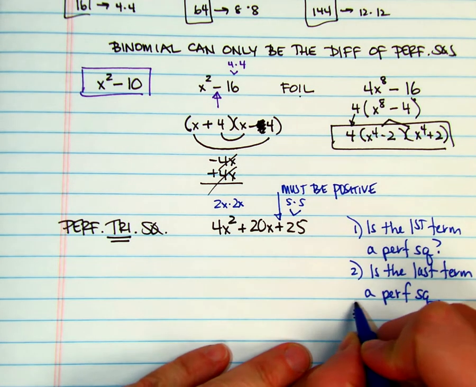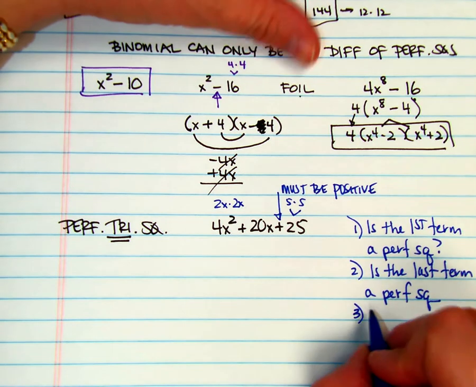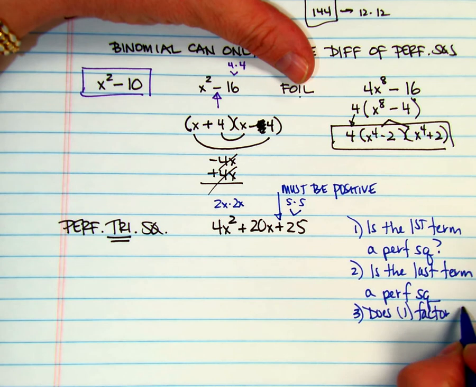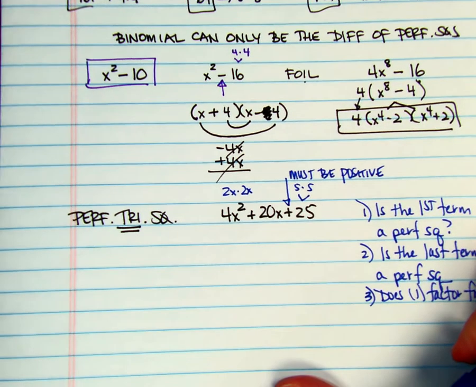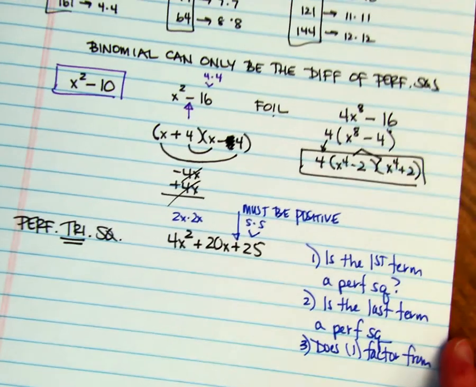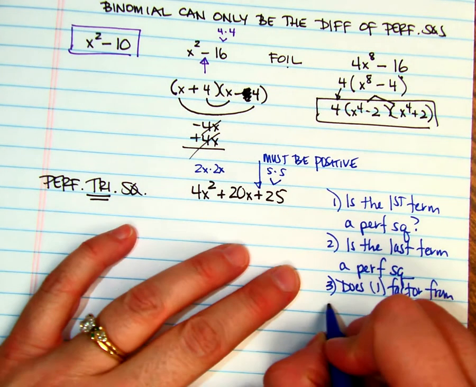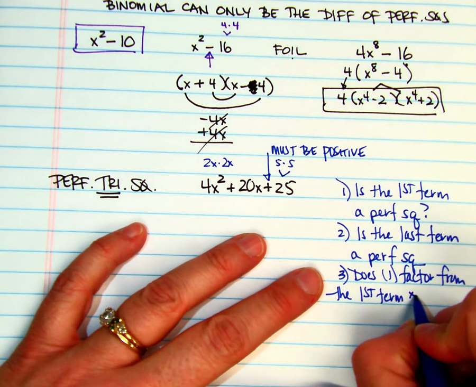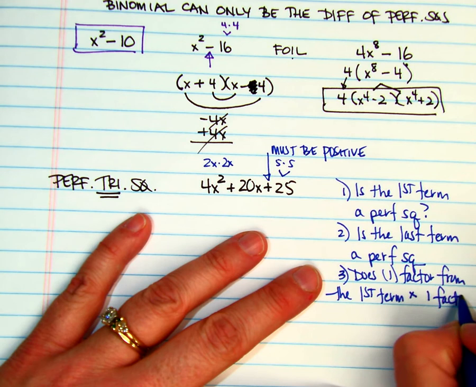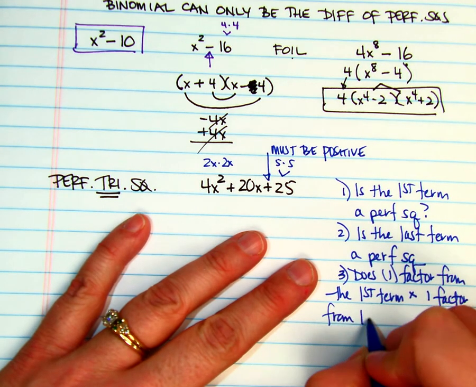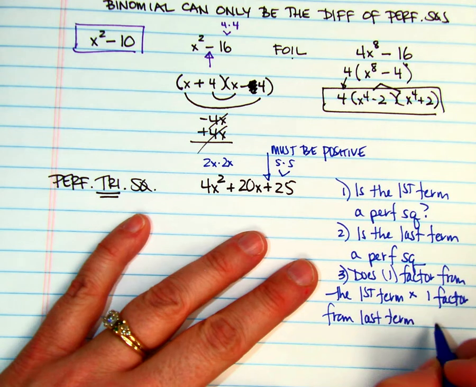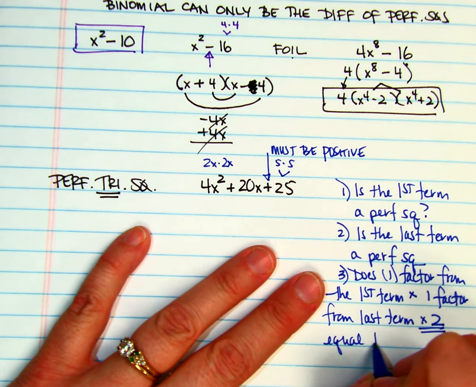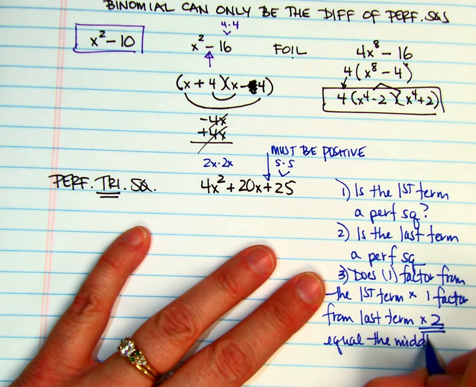The third one is a little bit confusing. The question is, does one factor from the first term times one factor from the last term times 2 equal the middle term?